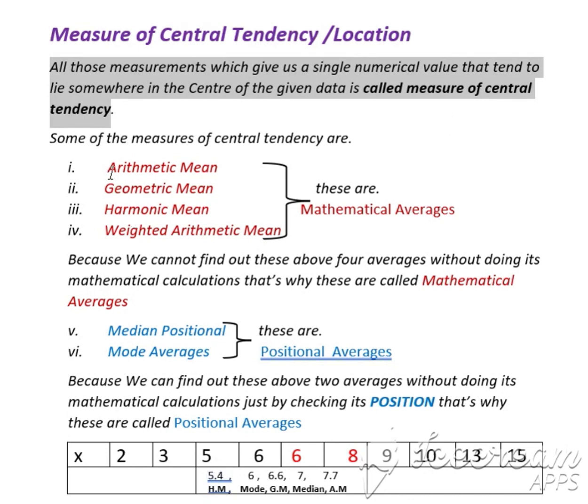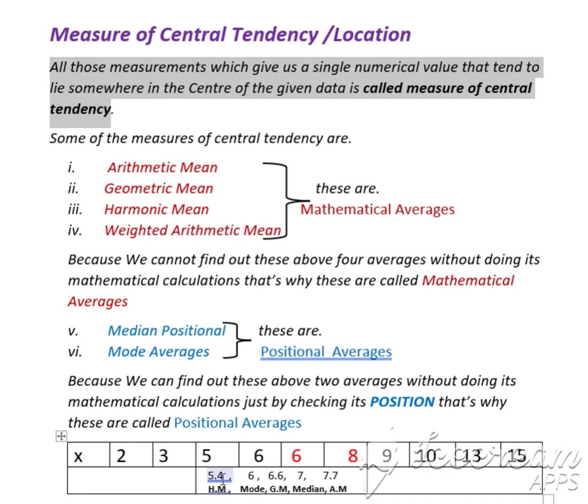For example, if you calculate the arithmetic mean, the answer will be somewhere in the center of the data. The geometric mean answer will also be somewhere in the center of the data set, and likewise the harmonic mean, weighted arithmetic mean, and so on.